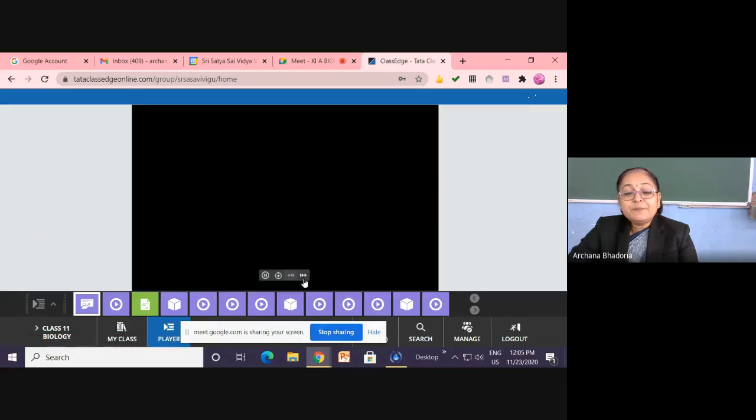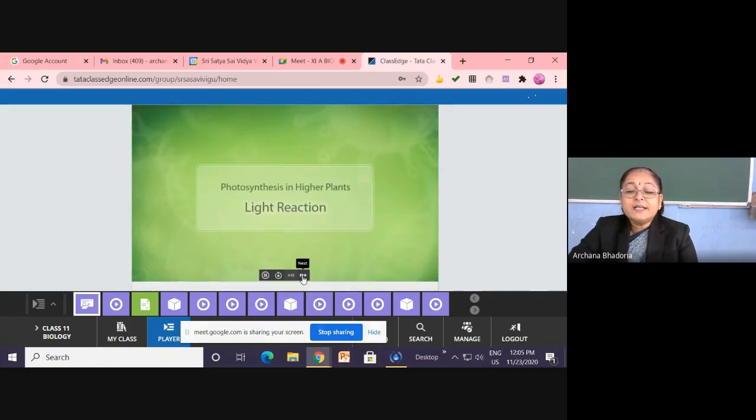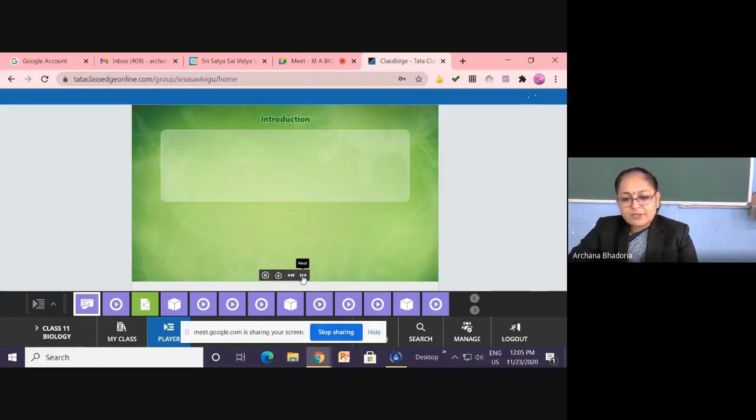That is very important before understanding the light reaction. So now we are starting with the light reaction. Quickly put the subheading in your notebook: light reaction.